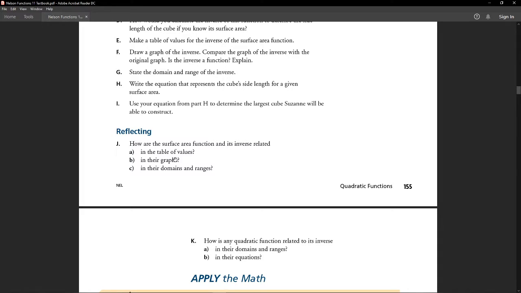This one though, use your equation from part A. Cube's side length.